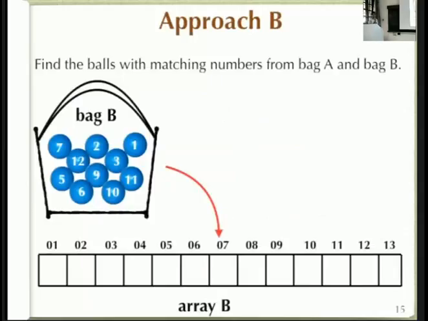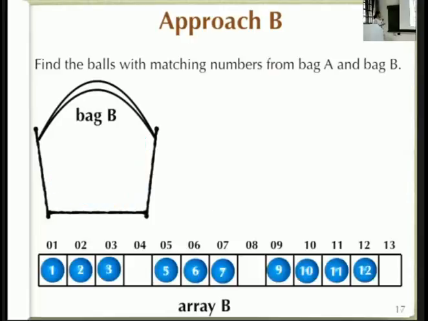So what I did is I converted bag B into array B. Suppose the balls in bag B range from 1 to 12. I just have an array of size 12, and I'm going to put these balls into the array. The 7th ball will go into the 7th index, and similarly I populated all the balls in the array.